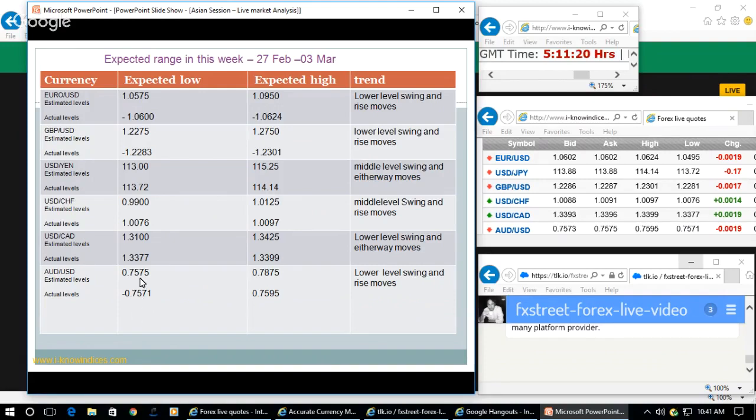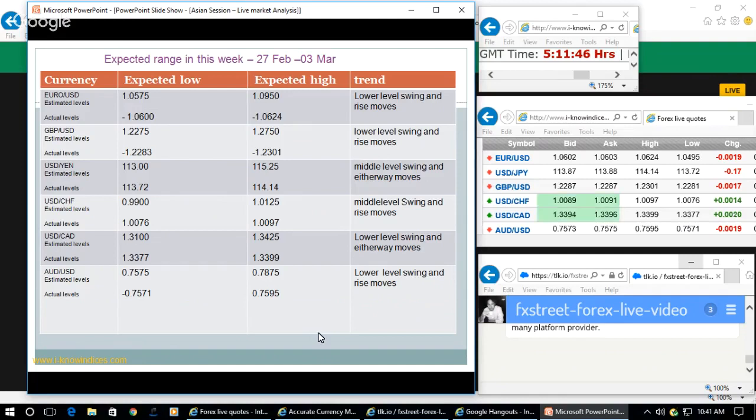Then in the case of Australian dollar, they came down in order to make a profit booking and accumulate buy positions below 0.76. They could come down to the 0.7575 area. The low they set is 0.7571, and then they are expected to gain the levels and go to the 0.78 area. So these are all the expected ranges this week.